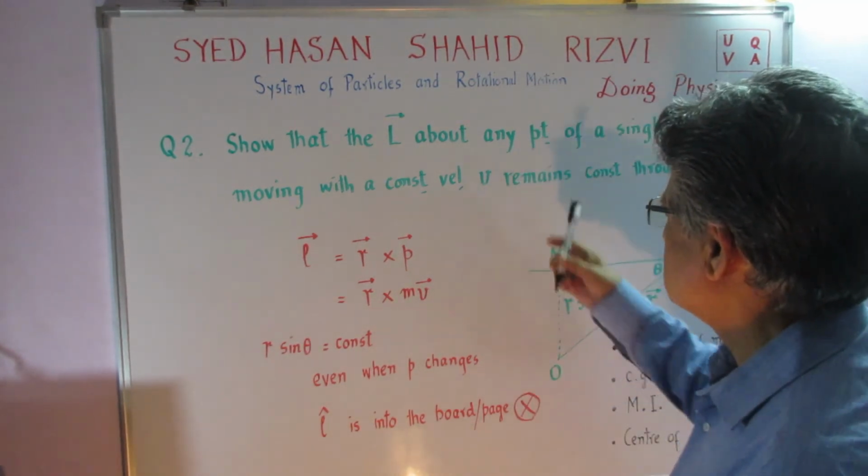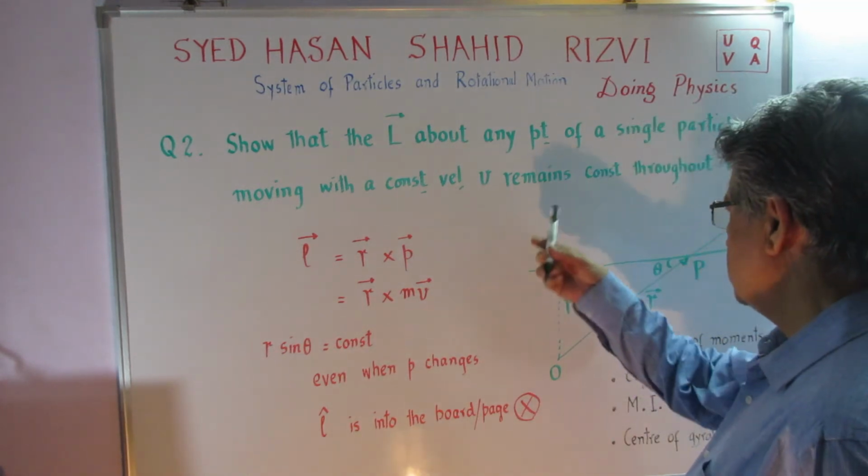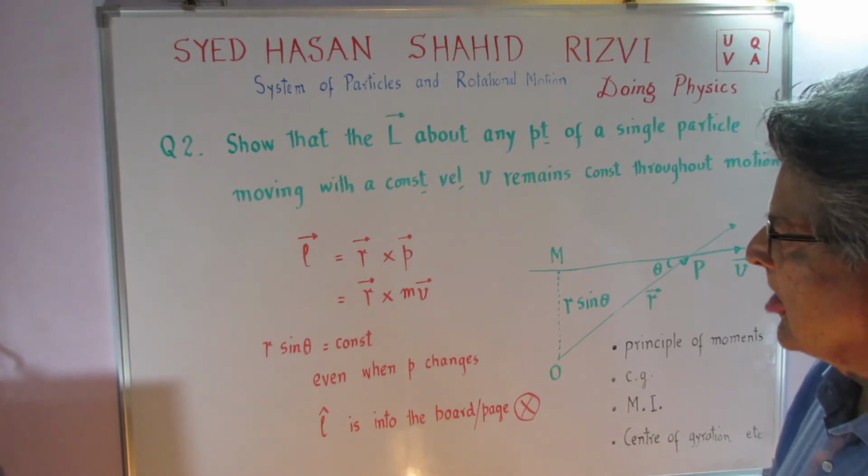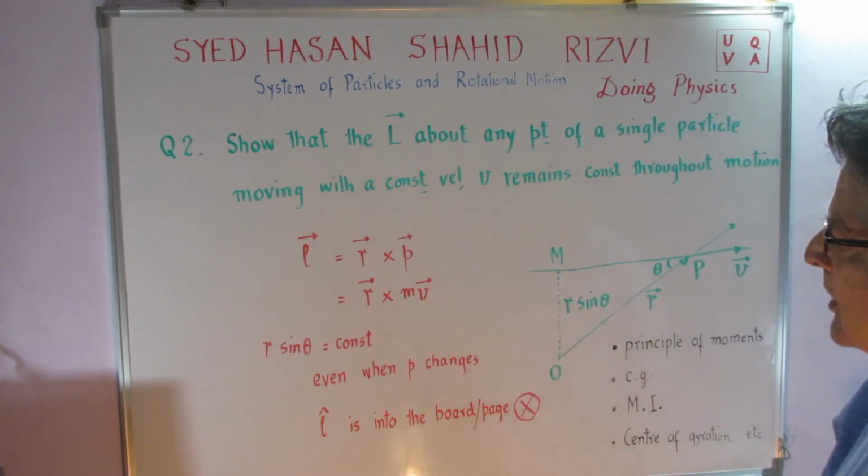So here it is uniform motion. It remains constant throughout the motion. I have to show that. So it's very simple.